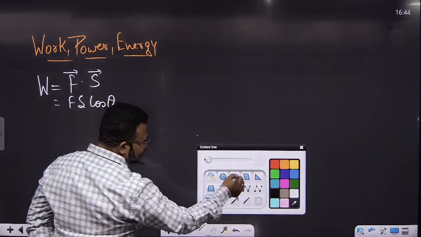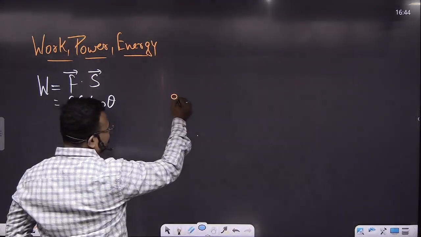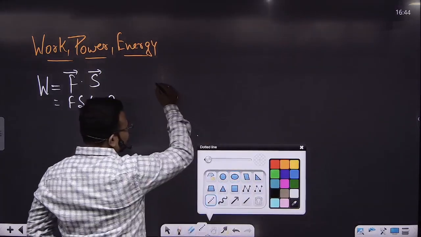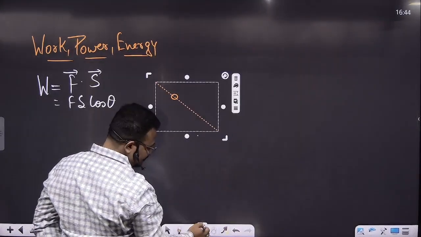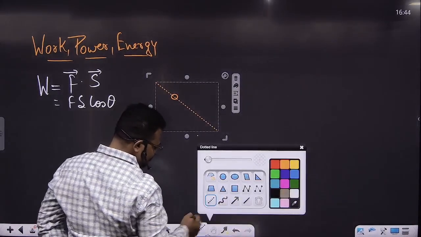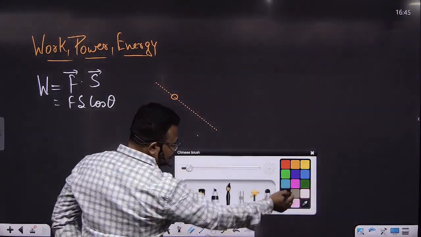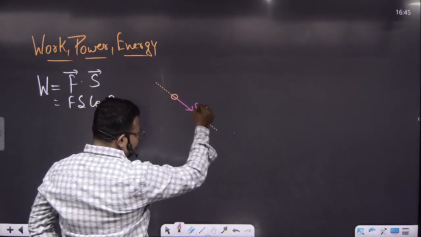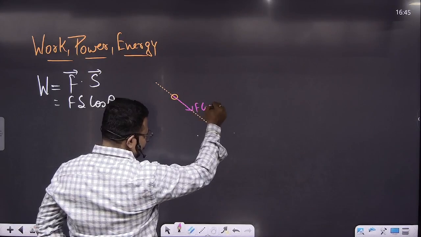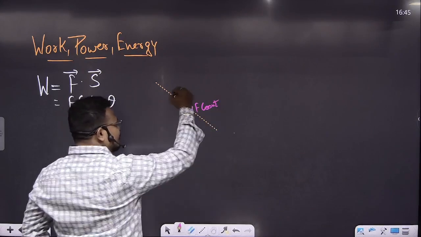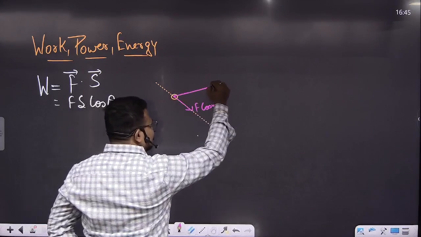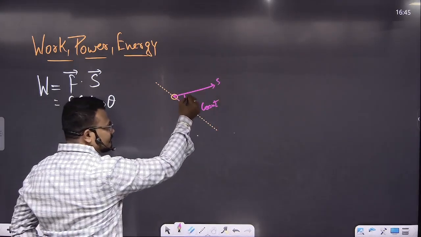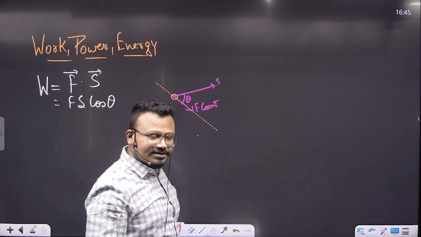Same like that, if I take a small particle and give some force in this direction, F, which is constant, and S displacement is there with some angle theta.